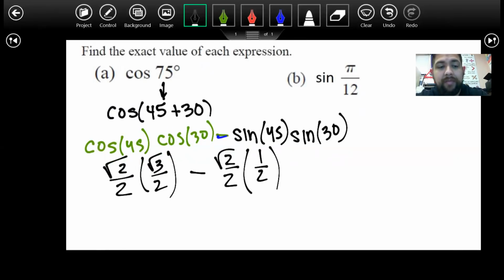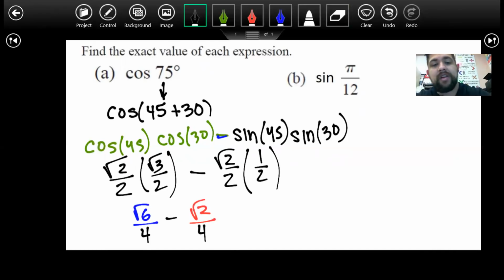And all we really want to do is simplify these. So on the top, multiplying rad 2 times rad 3 gives me rad 6 over 4. And then if we subtract them, we're going to get rad 2 over 4. So I'm messing these up today, guys.